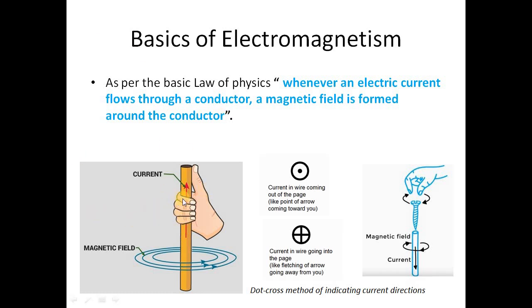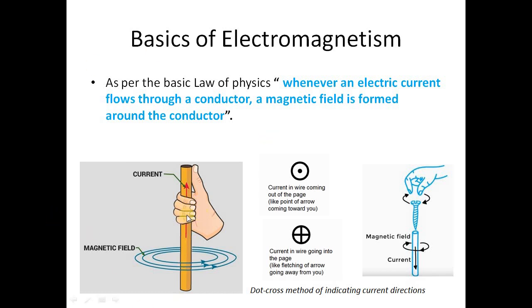As shown in the figure, when we hold a conductor, the thumb indicates the direction of the current flowing, and the remaining fingers indicate the direction of the magnetic field revolving around the conductor.